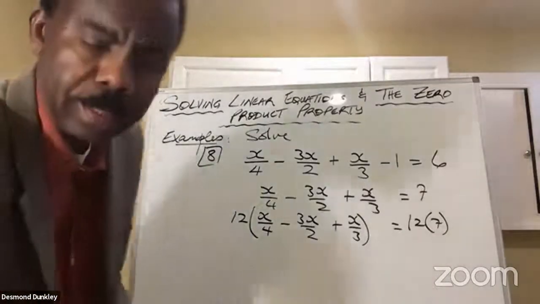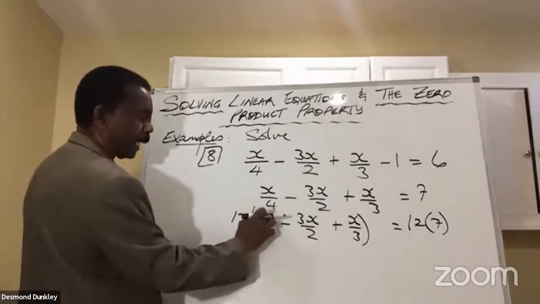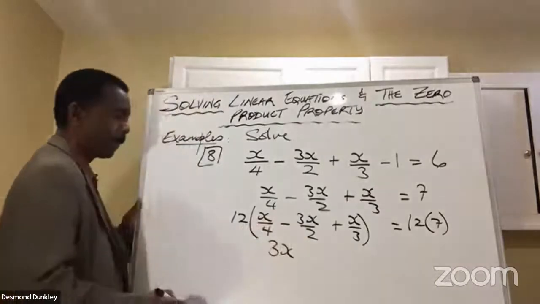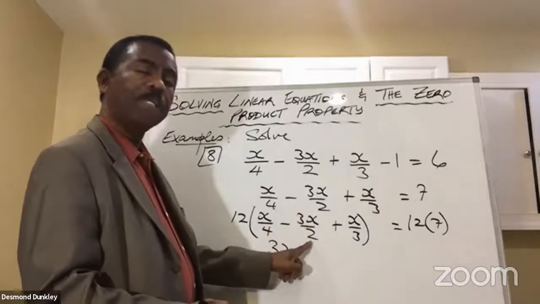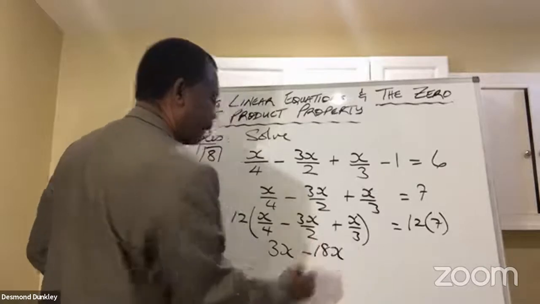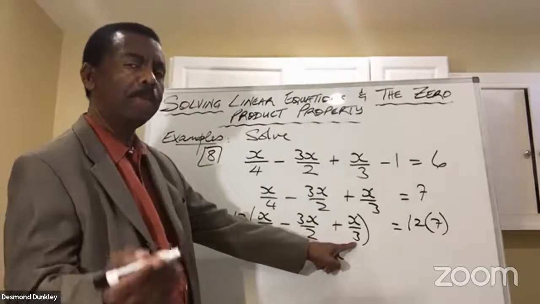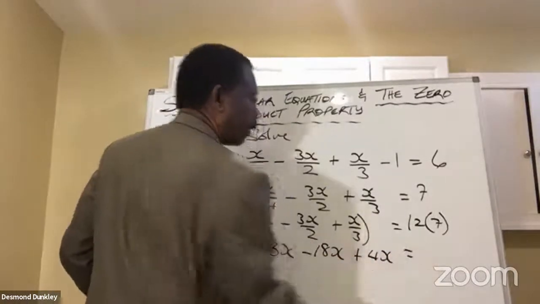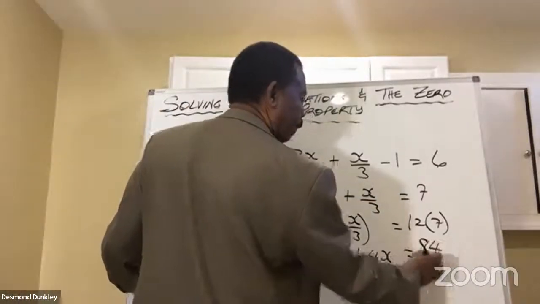What do we end up with? Well, let's get rid of the fractions now. 12 times x is 12x divided by 4 gives me 3x. 12 times 3 is 36, divided by 2 is 18. 12 times x is 12x, divided by 3 is 4x. 12 times 7 is 84.